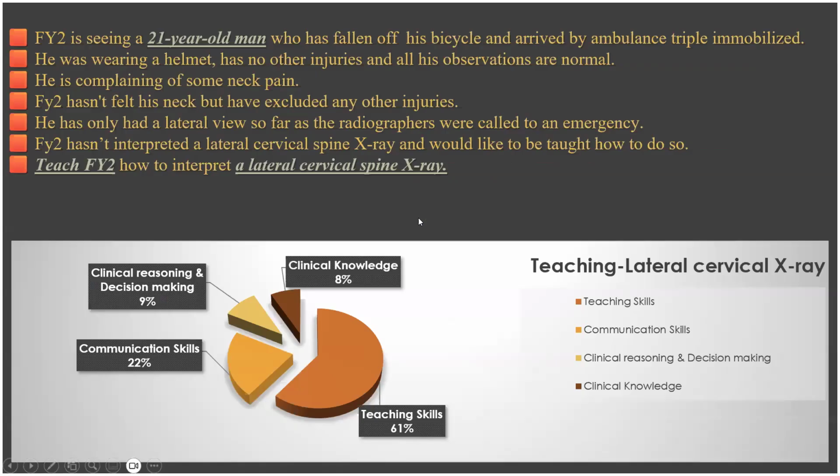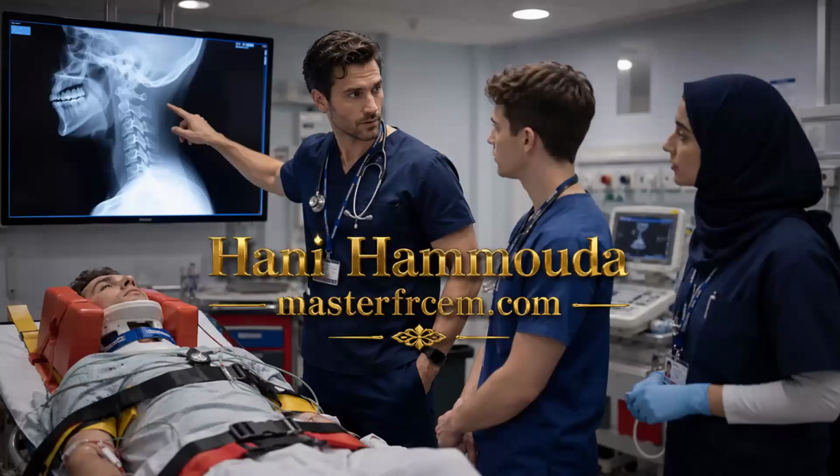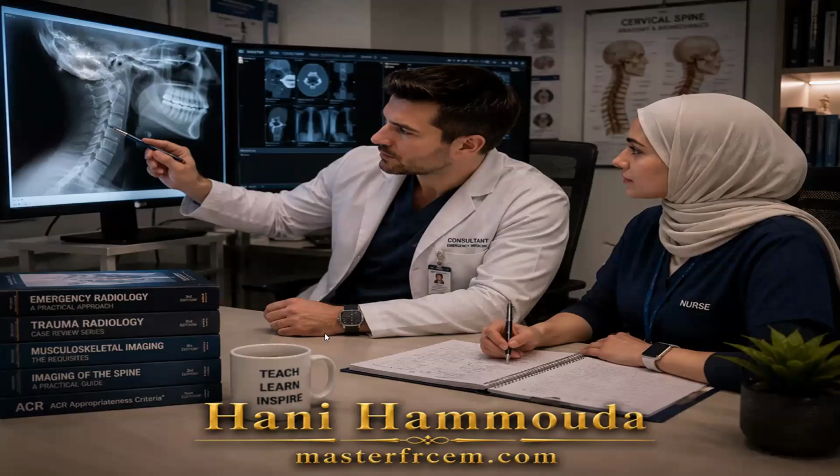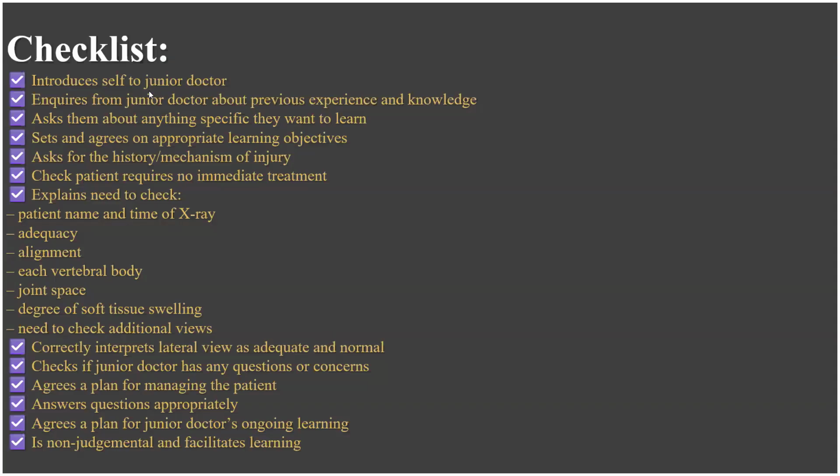So I will give you the general approach, okay? So here you will go inside the room. Maybe you will find only a junior doctor or junior nurse and an X-ray. Maybe no patient. Okay? So what is the general approach? This is the checklist.